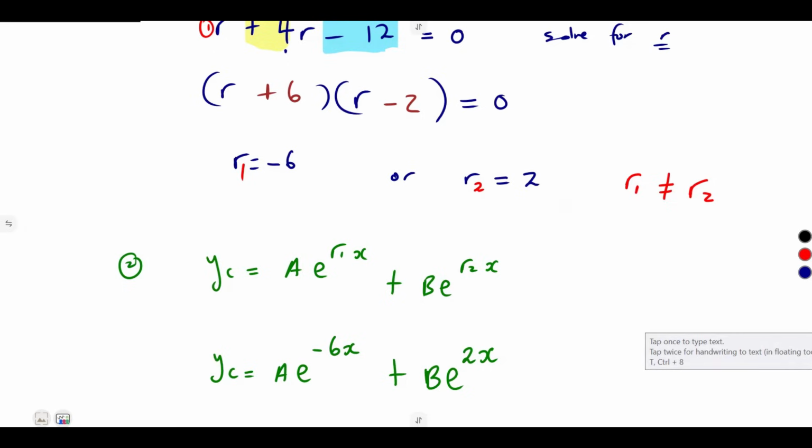Okay, so we have got the complementary function from our auxiliary equation. So this is what we are going to do. We are going to leave this part as it is. We have got a and b as unknown. They are unknown values.